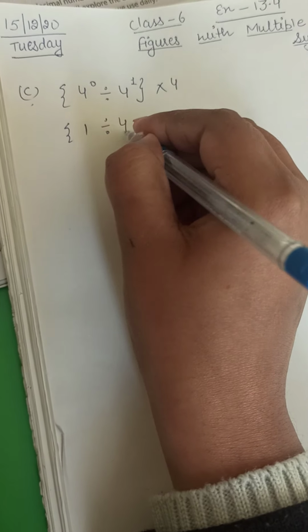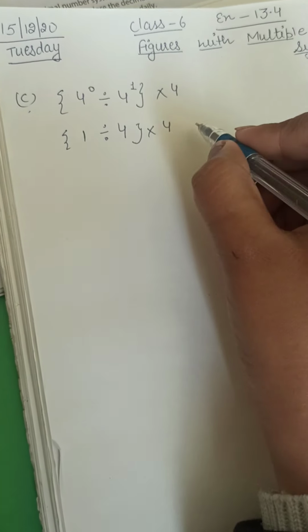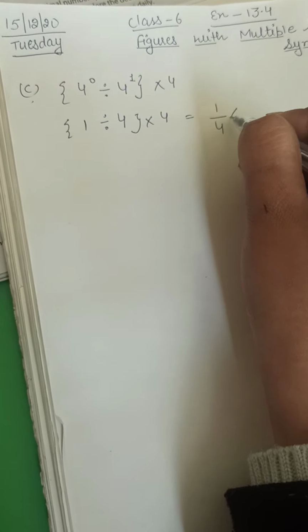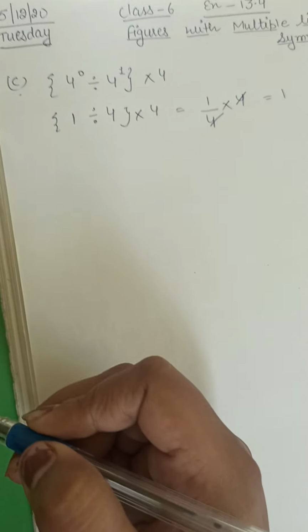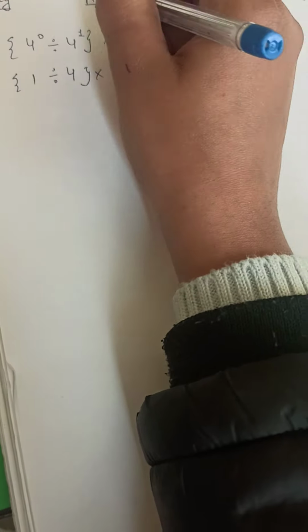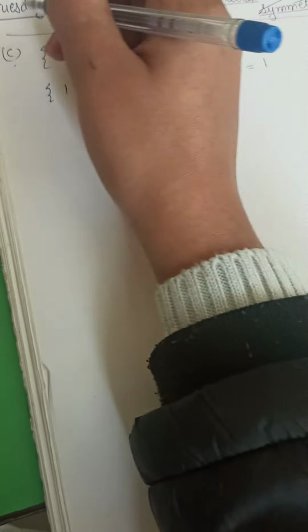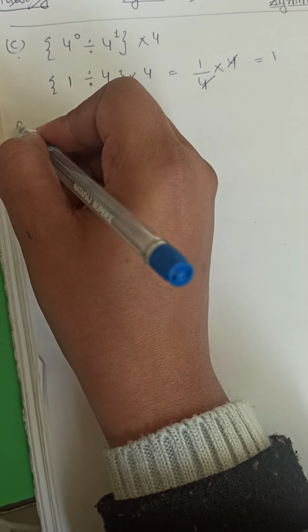So here it will remain 4 multiply with 4. We can write it like this, 1 by 4 multiply with 4, and your answer is equal to 1. Right? Clear? Now the D part.